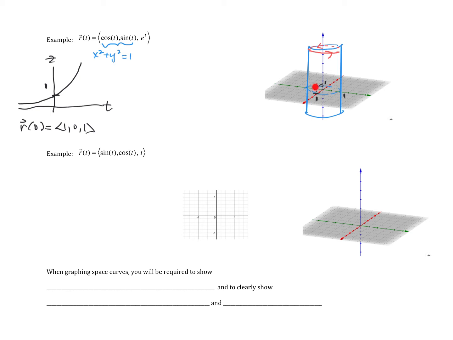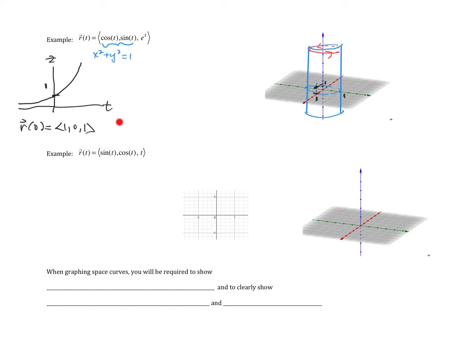So as we go around, just like before, z is increasing as t increases, but it increases much more quickly. So it's not like last time where we go around and by the time we get to 2 pi, we'll be back here. We're going to be much more spread out.